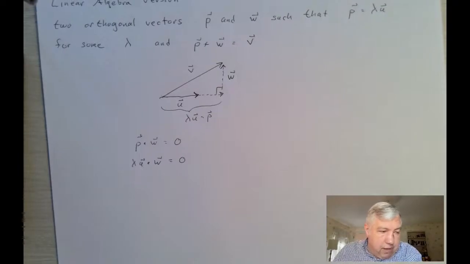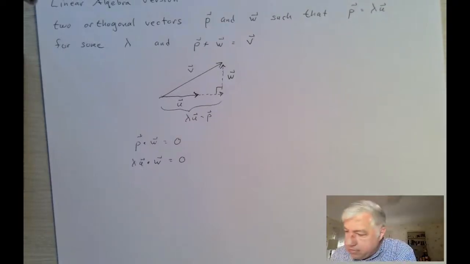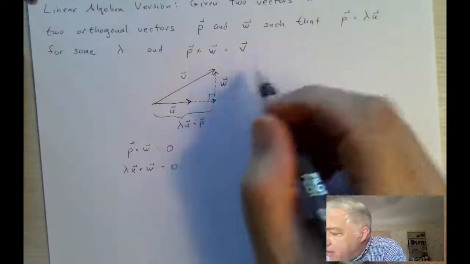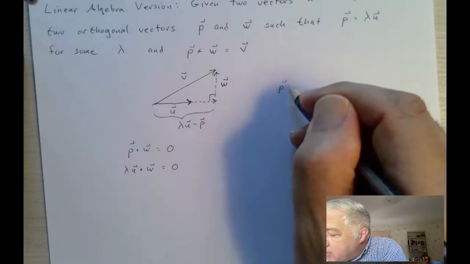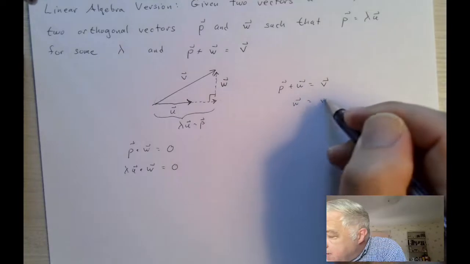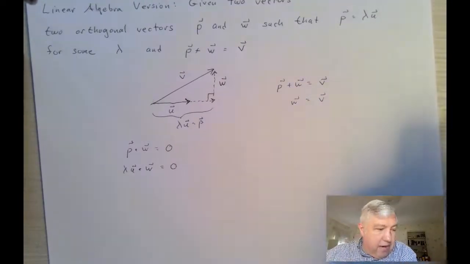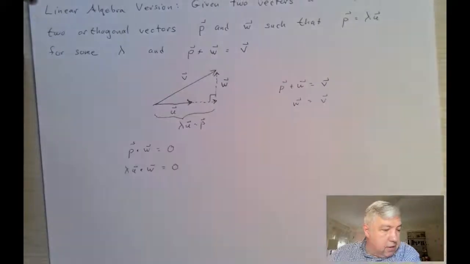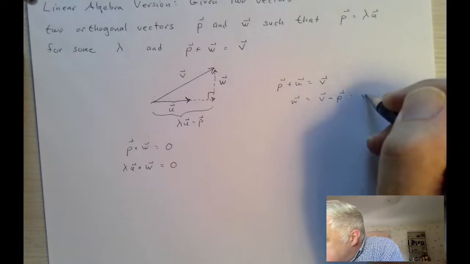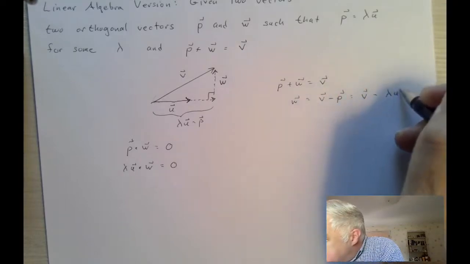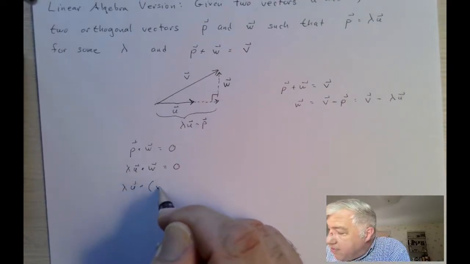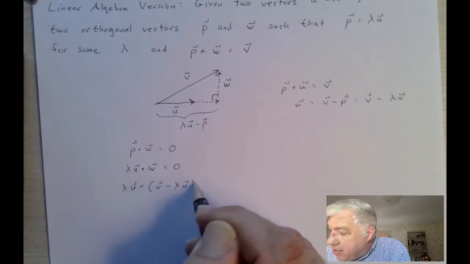We also want p plus w to equal v, so w is v minus p, which is the same as v minus lambda u. So then this will be lambda u dot (v minus lambda u) equals 0.